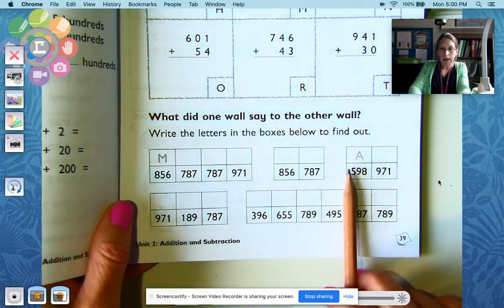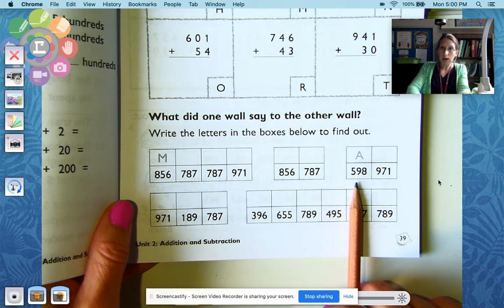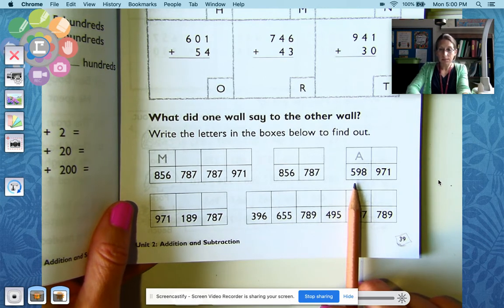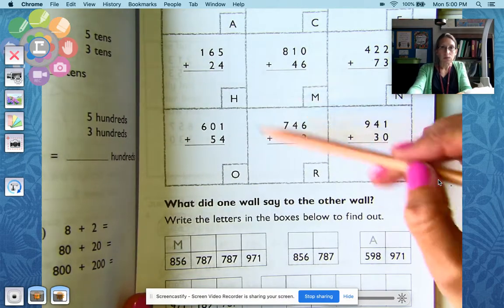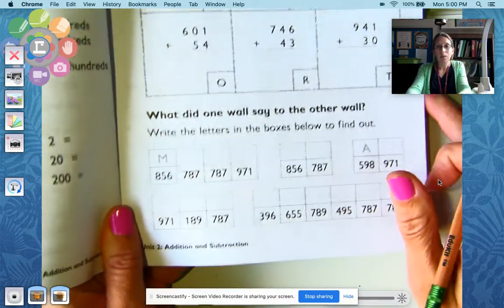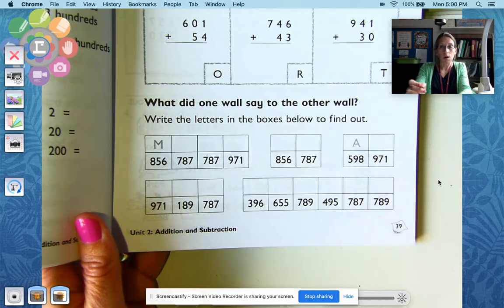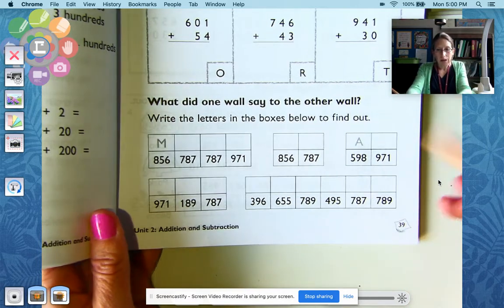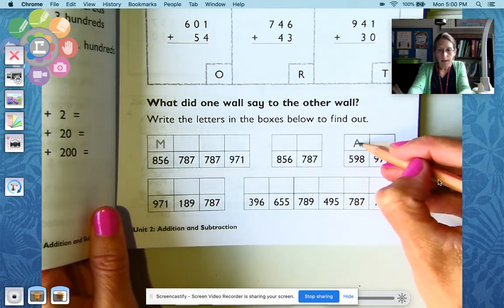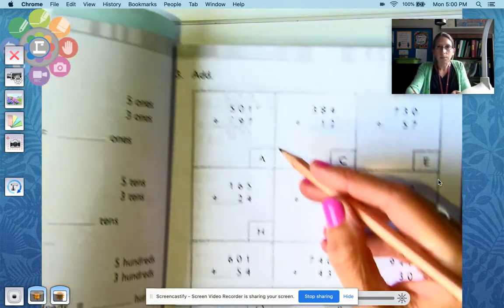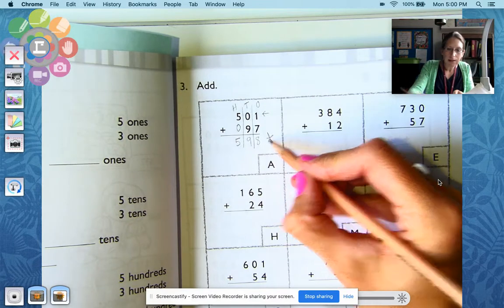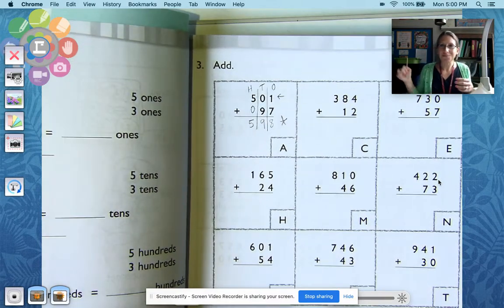Oh, and then there's an A. And that is a way for me to check, oh, I got the answer correct. I did it correctly. If you don't see your answer from up here down below, it means we probably made a little mistake and we should go back and check our work. So this one is A. And that's a way for us to kind of check, did I do my problem correctly? I did. Give yourself a little star.